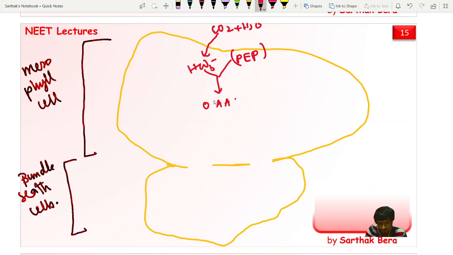Okay, this is a 4 carbon compound, so this is known as C4 cycle, and this has 1 carbon HCO3 minus, and this PEP is obviously 3 carbon.